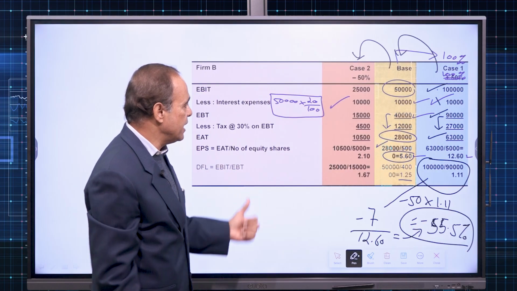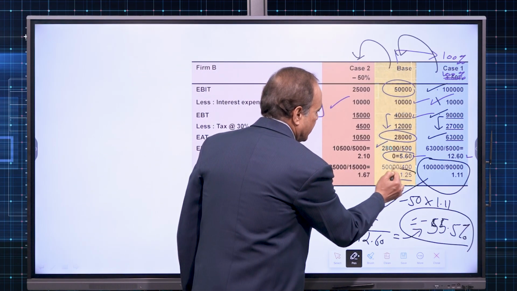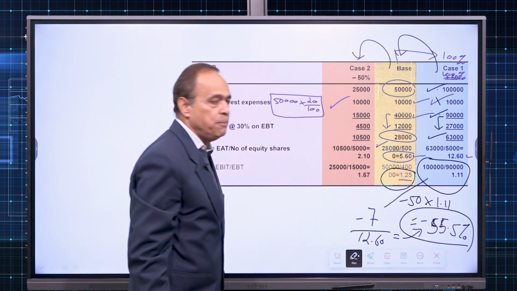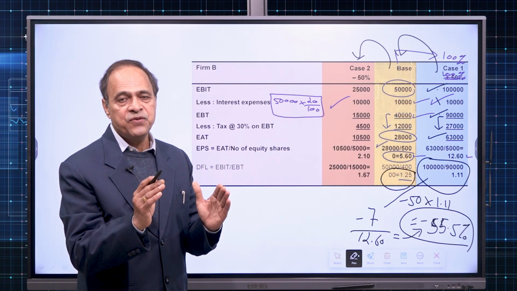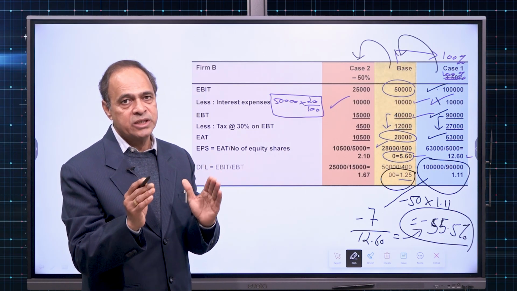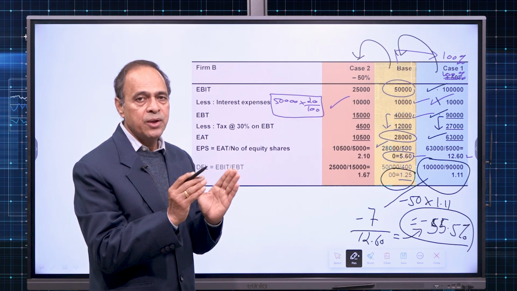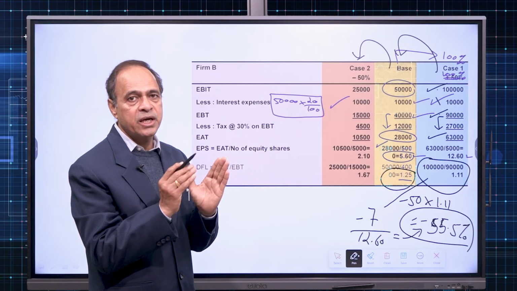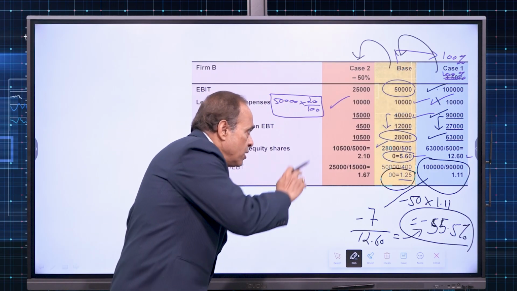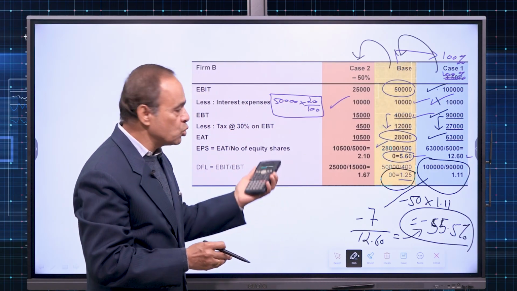So a 50% decline means by how much percentage does your EPS change? Negative 50 multiplied by 1.25, because at the base level, my DFL is 1.25. So 1.25 multiplied by negative 50, negative 62.5%. From 5.6, you have come down to 2.1.